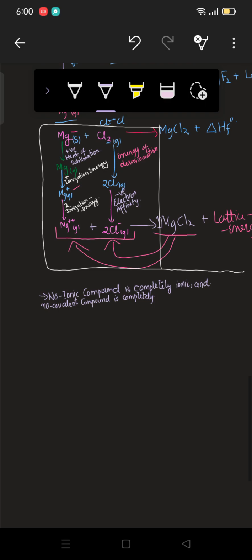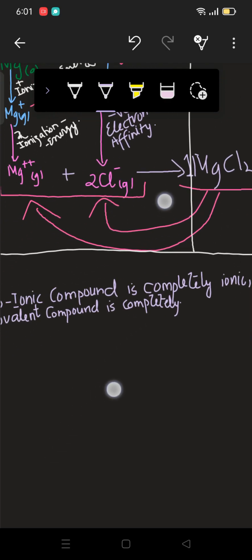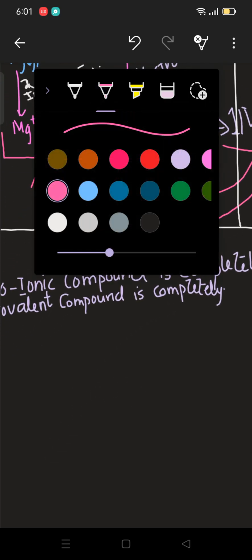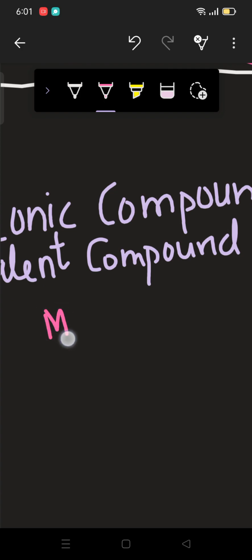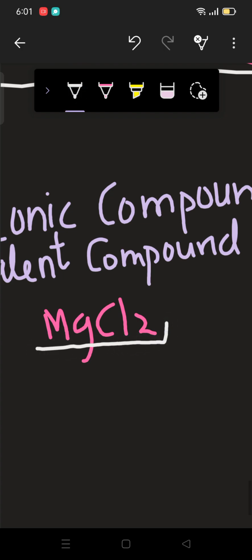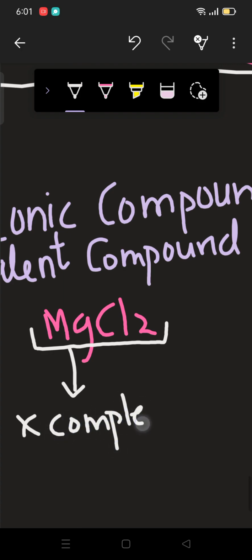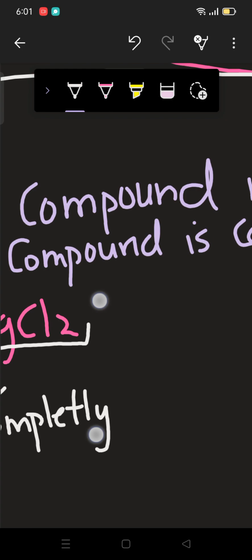For example, if I have MgCl2, which I know is an ionic compound, right? But this is not completely ionic.